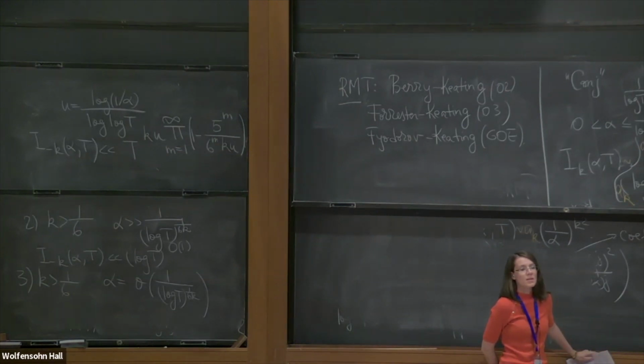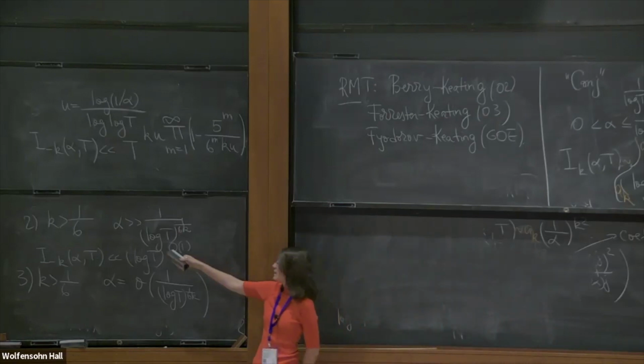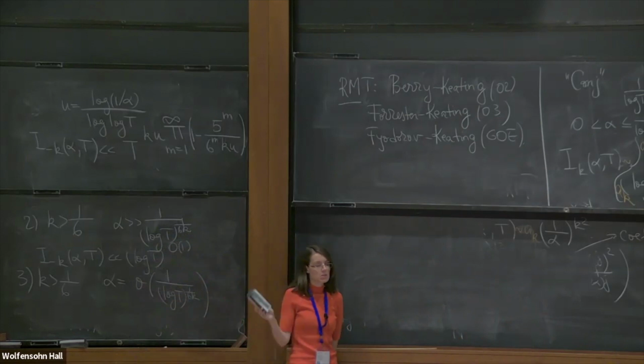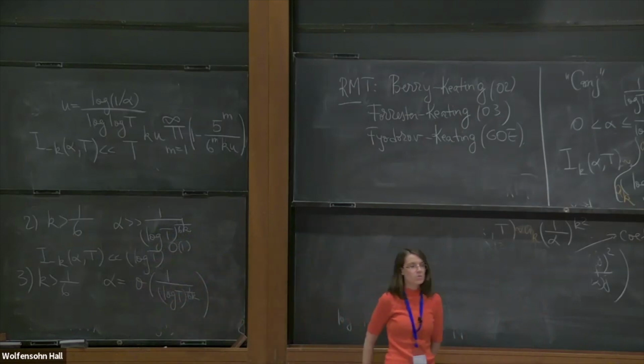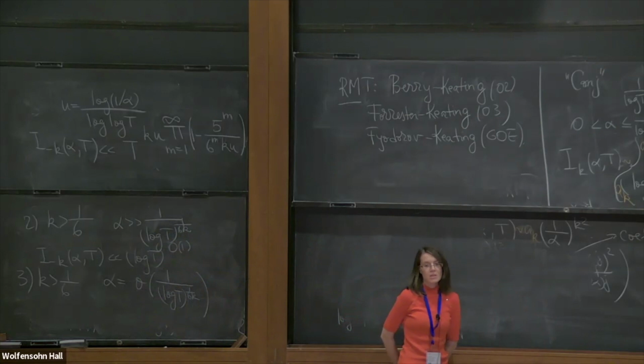The conjectures differ when k is bigger than 3 halves and alpha is close to. Yeah, but over here k is bigger than 1 over 6, but we're far from 1 over log t. So you need to be to the left of 1 over log t to be able to distinguish between those formulas. I guess my question is, I think that's a problem with the method. You can't actually get up to 1 over log t. Yeah, we can go up to 1 over log t.